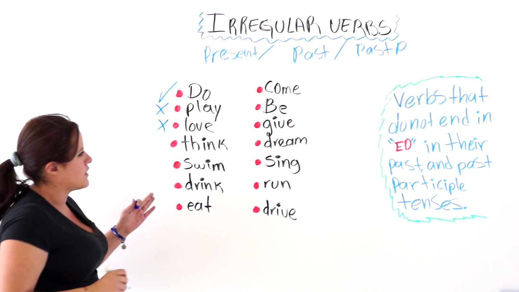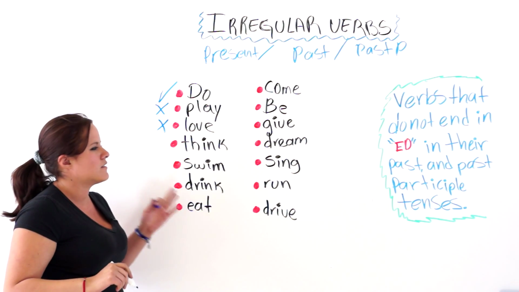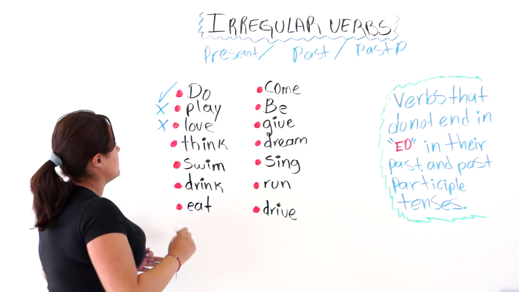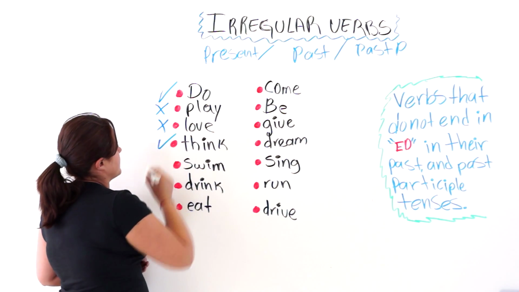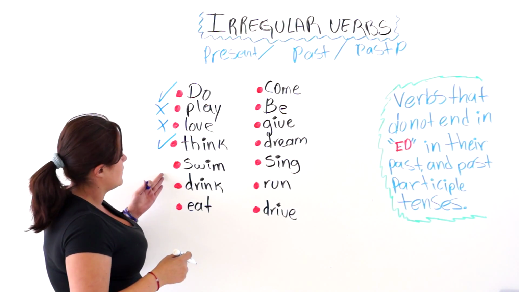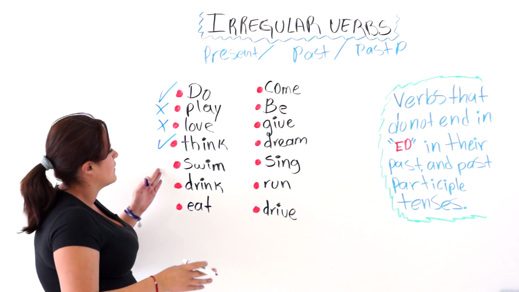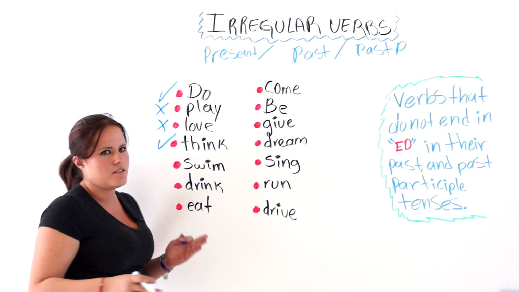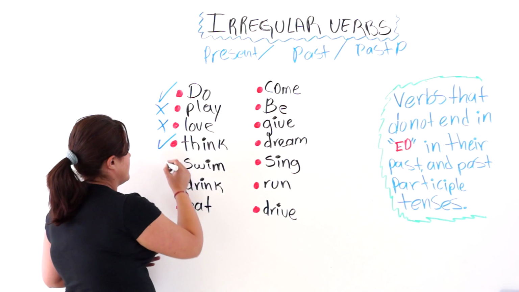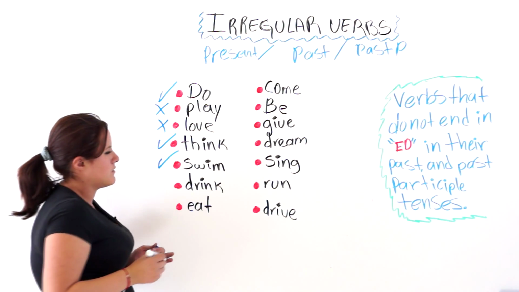The next one is think. The past is thought and the past participle is thought also. So it is an irregular verb because it does not end in ed. The next one is swim. The past is swam and the past participle swum. So this is an irregular verb also.